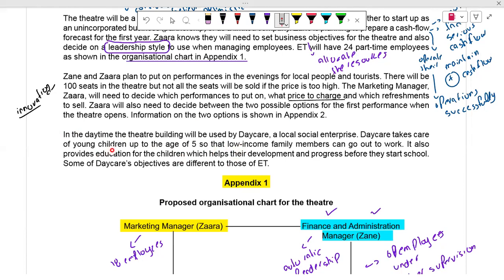For example, they just want to provide education for the children, and they want to take care of the young children so their low income family can earn. This is also an objective of the social enterprise.